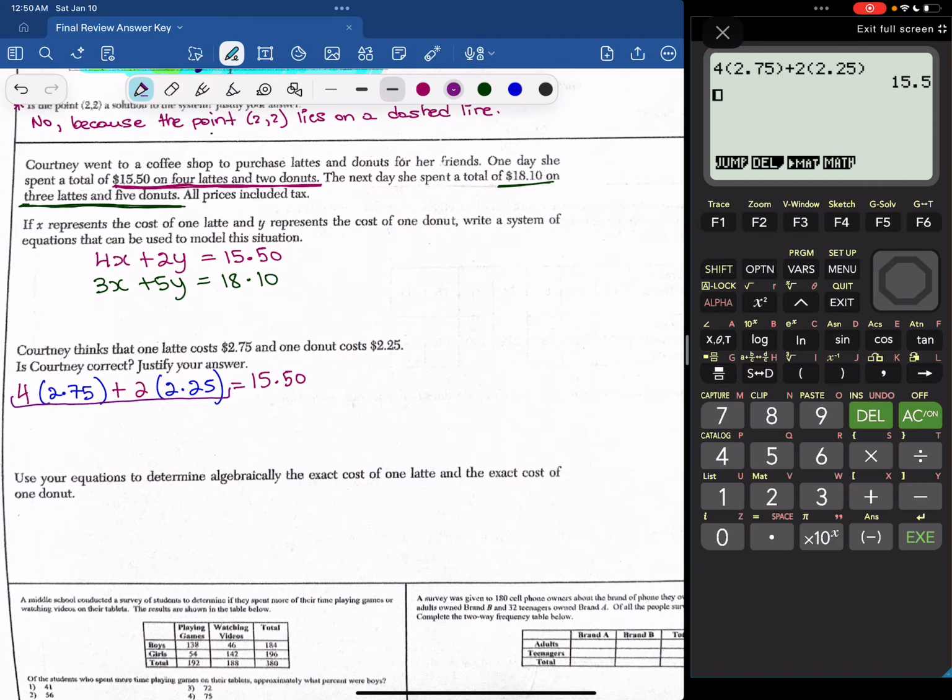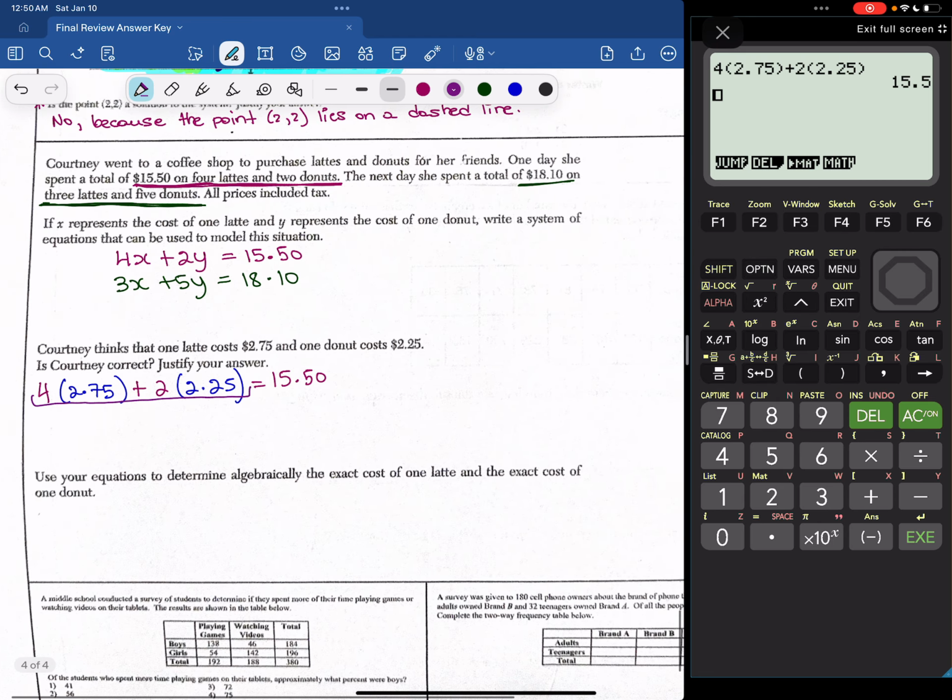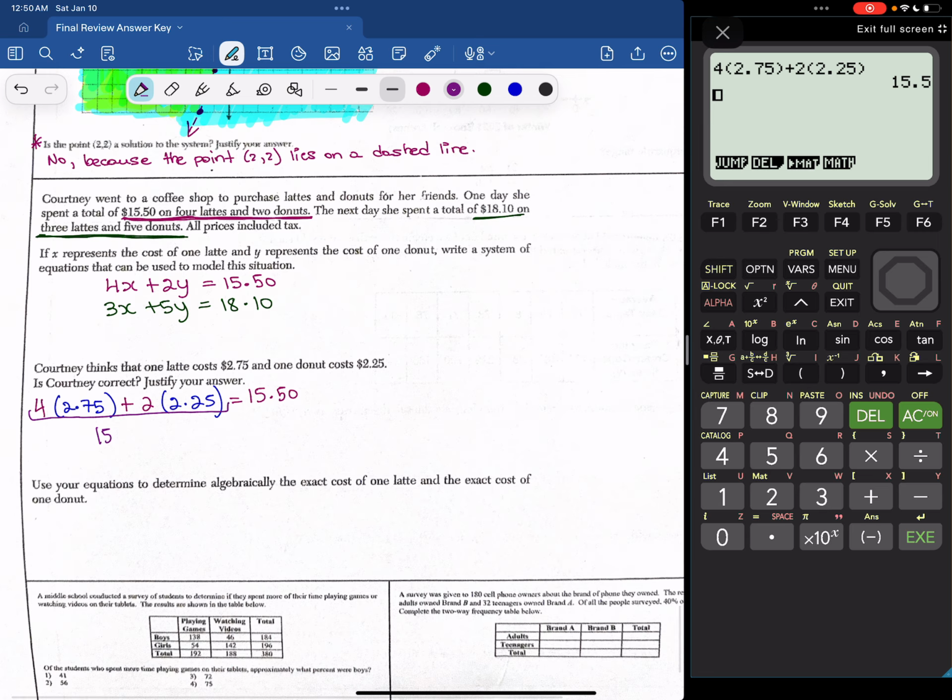So this entire part right here is 15.5, and that's equal to 15.50. So 15.5 and 15.50 is the same thing, right? So this price, 2.75 and 2.25, does work for the first equation. So far she's right. But we also need to make sure that it works for both equations.